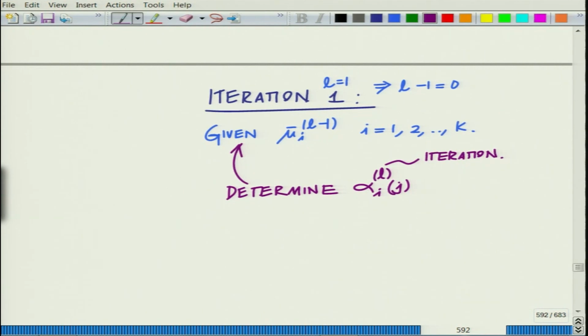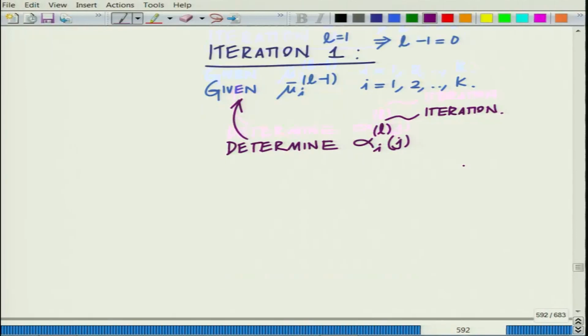So, we have mu bar I L minus 1, that is mu bar I 0, and that is technically what has been determined in the previous iteration, L minus 1th iteration. And to begin with, we have all the values mu bar I 0, and now we determine alpha I j L, right? That is basically the assignment parameters of all the points in the lth iteration.